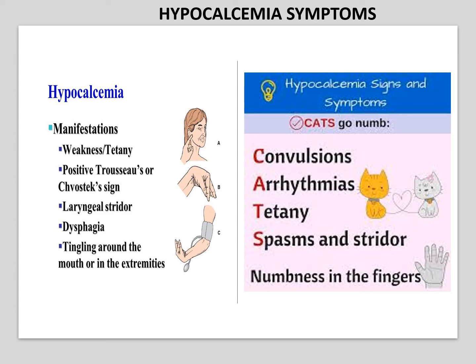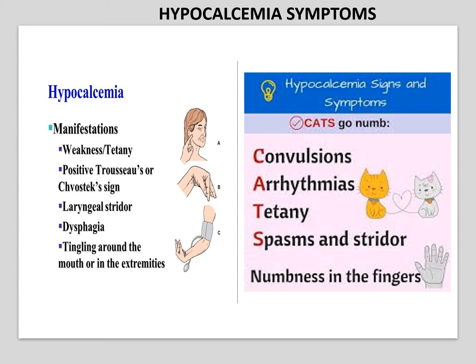Spasms and stridor, we spoke about, muscular spasms. Stridor is difficulty in your airway, partly due to the vocal cords that aren't functioning properly, and the muscles are irritable and twitchy, and so are the nerves, and it can lead to stridor.